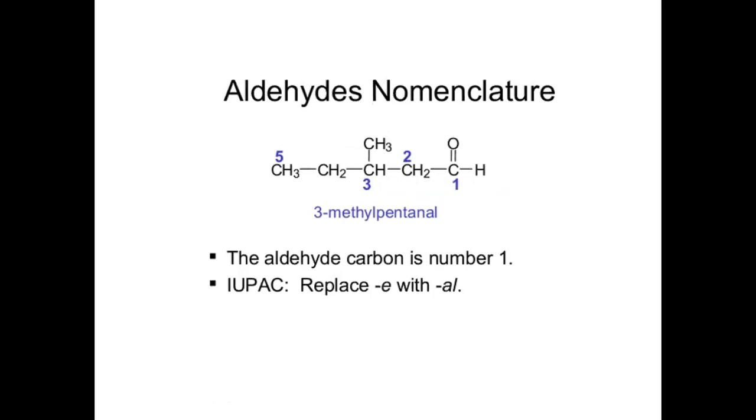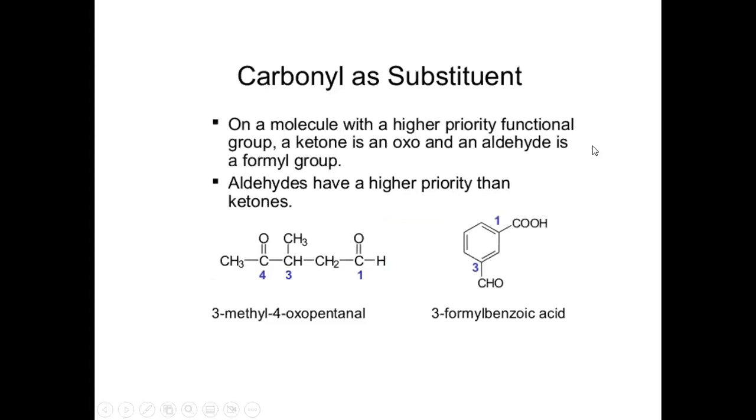So this is another example. The aldehyde carbon is number 1. So replace E with al, right? So the name for this structure is 3-methylpentanal. Right. Now the carbonyl as a substituent.